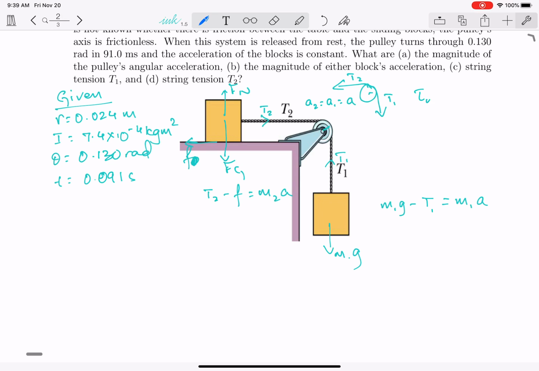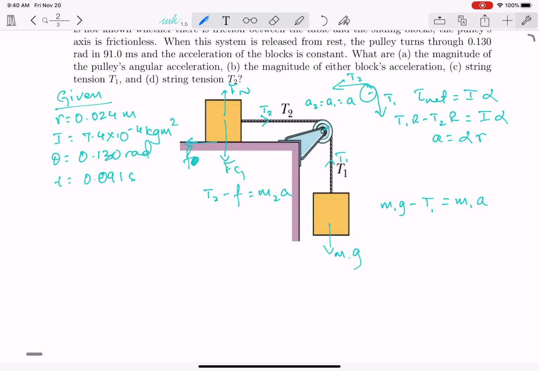So net torque is I times alpha. The pulley is the one that's rotating. So T1 R minus T2 R equals I times alpha. A equals alpha R. We need to find alpha first, to find the magnitude of A.